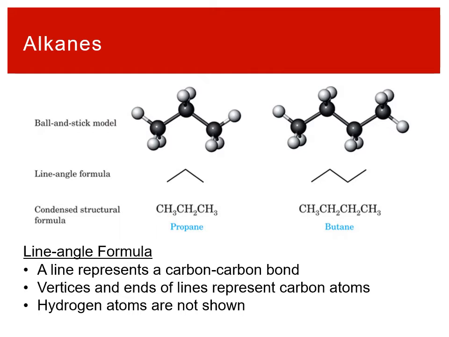As we get longer and longer, we can see this idea where, at the 109.5 degree angles, in propane we start to see this zigzag that forms. Butane is 4 carbon atoms, getting longer and longer. We could represent this in a condensed structural formula, which is just plenty of CH3s and CH2s following each other. We can also see the line angle formula, and why we tend to see line angle formulas with bent lines like this.